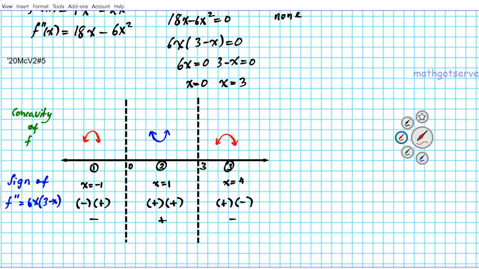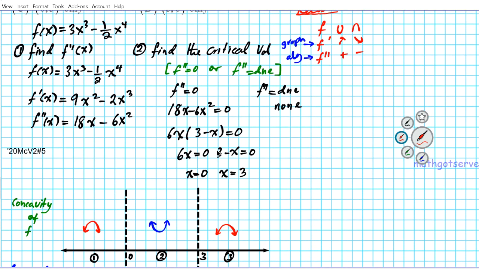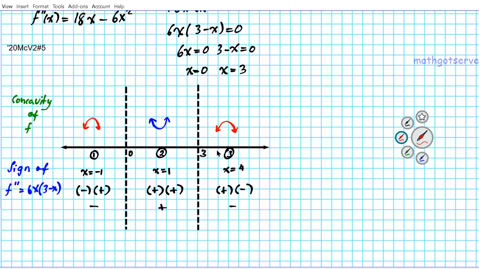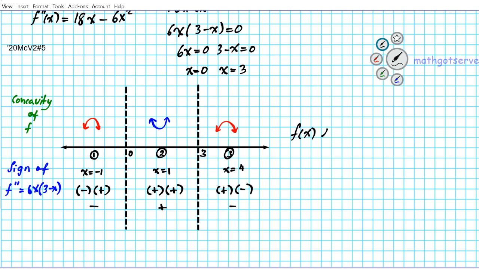So we have only one interval where the function is concave up, and that is from 0 to 3. Let's go ahead and write it down. f of x is concave up on 0 to 3.